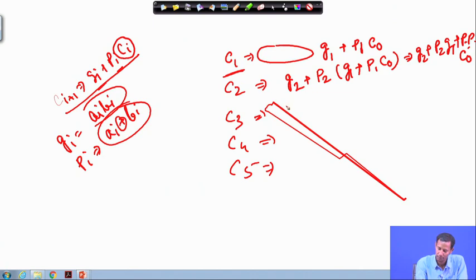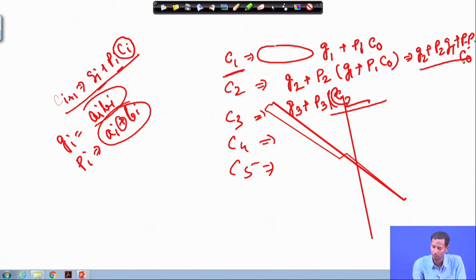Next, if I want to calculate C3, it will be G3 plus P3 into C2.